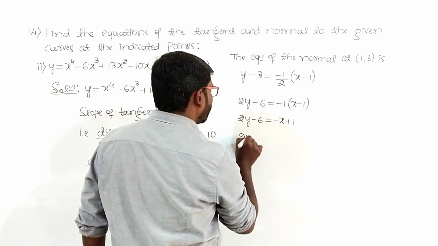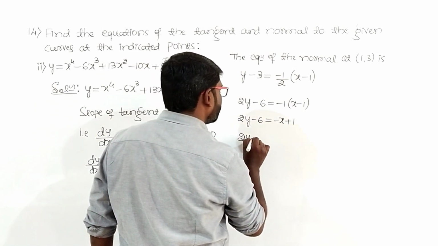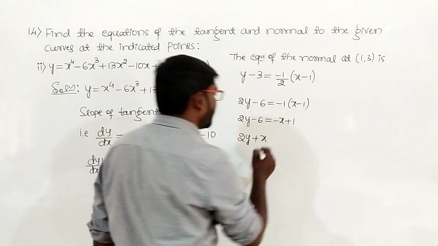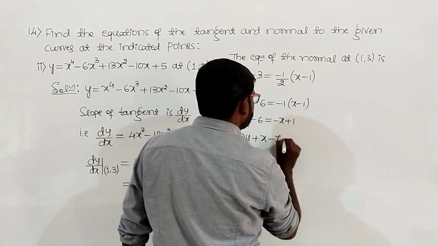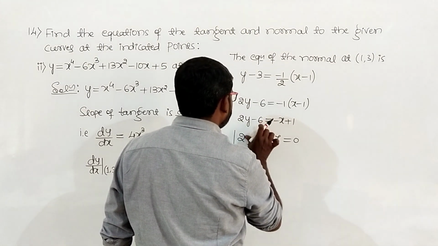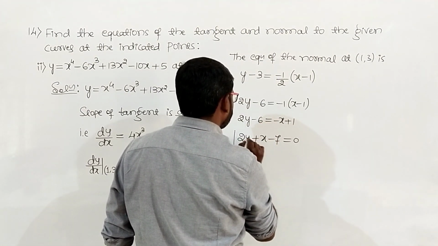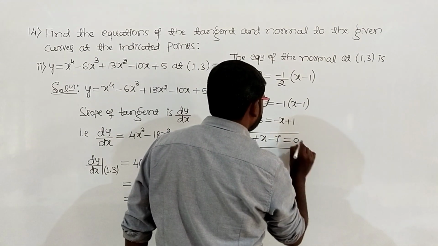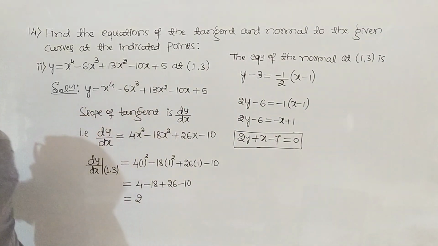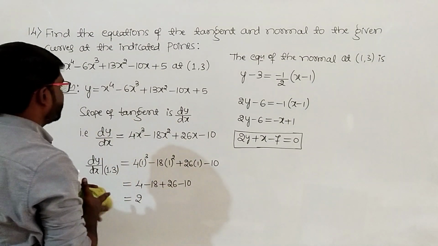So you get 2y plus x, and then take 1 to the left hand side, it becomes minus 1. You get minus 7 equals 0. So this is the required equation of the normal for the second case in the 14th main. So note down this, and then we will move on to the third case.